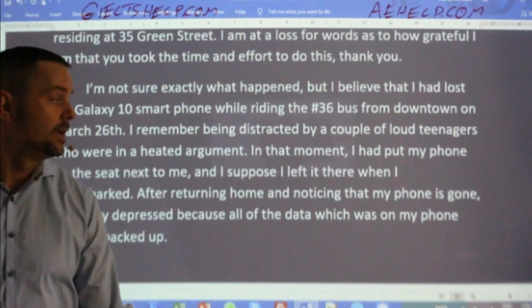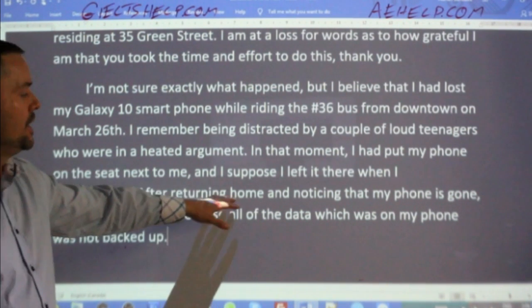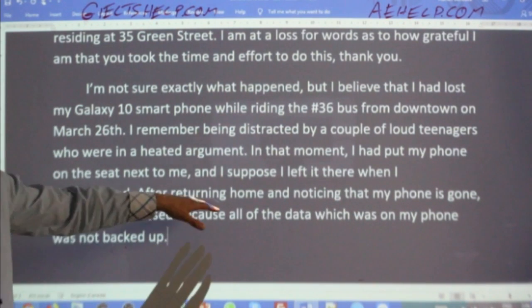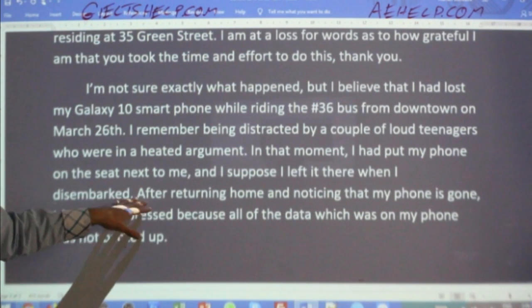Okay? So after returning home and noticing that my phone is gone, notice here that we have structure, okay?